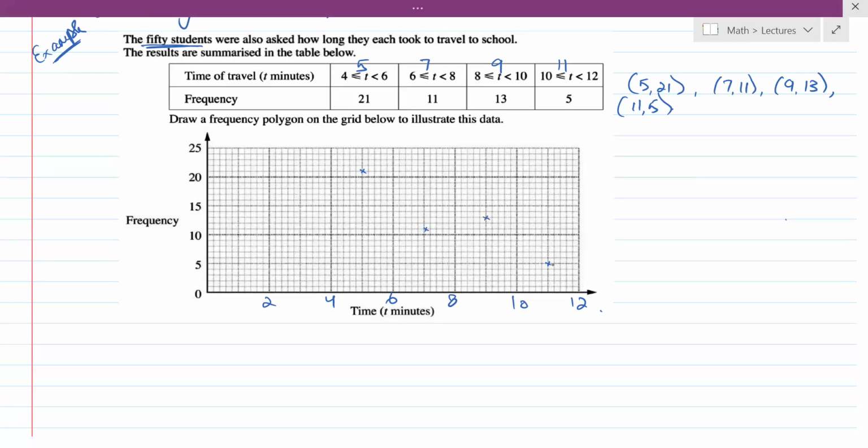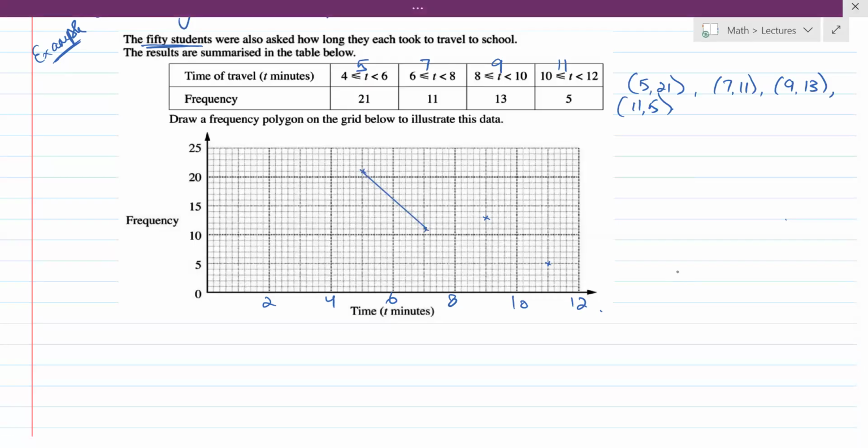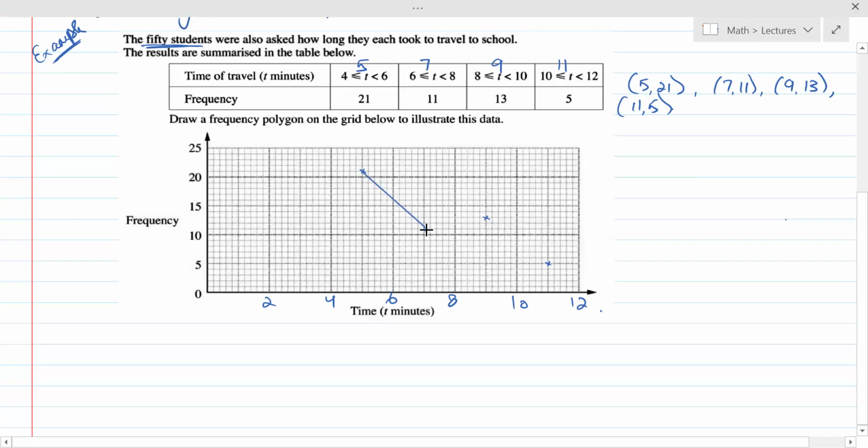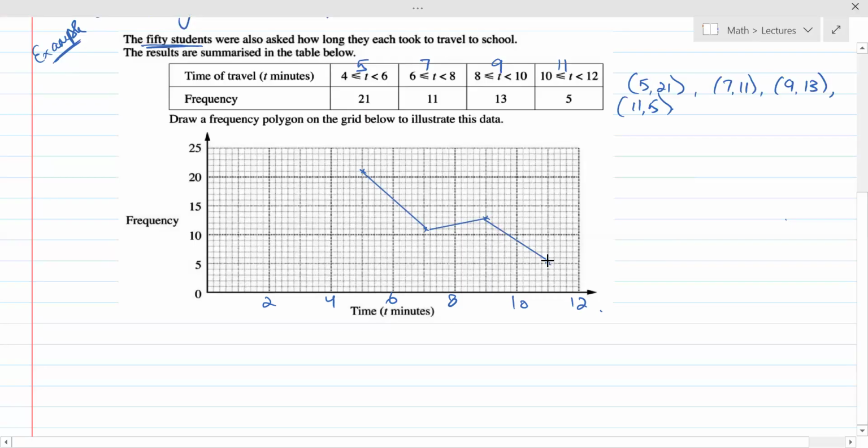So this is how we plot the points, and now we need to join all these points. After joining these points, this has to start and end at a certain point.